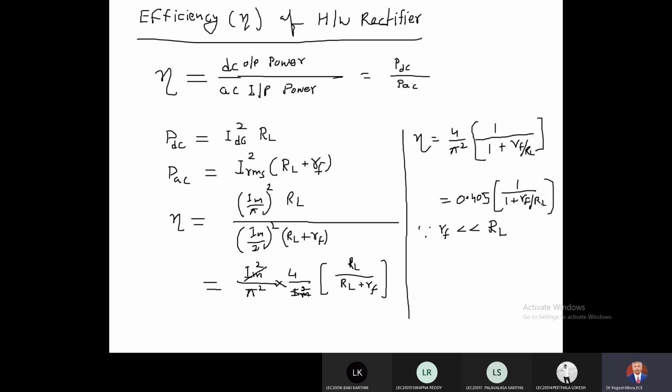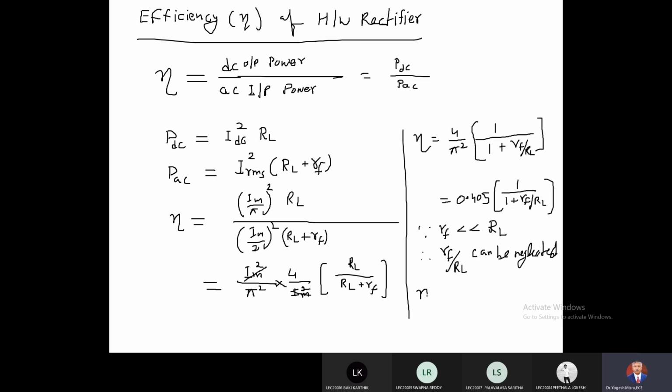So RF by RL is also a very small quantity and can be neglected, because a very small quantity is being divided by a very high quantity, so you will get a very small value.